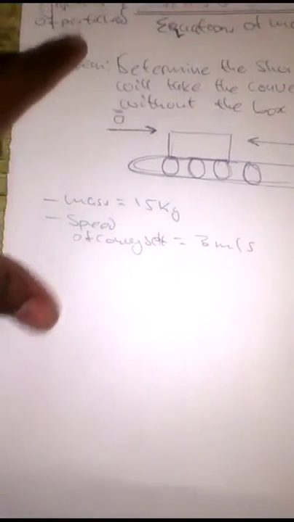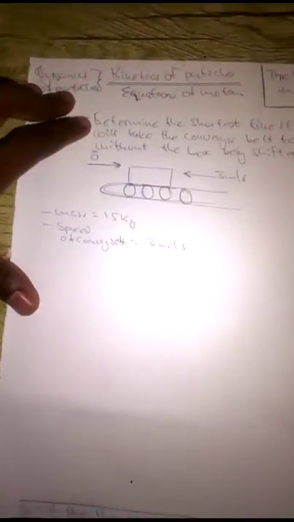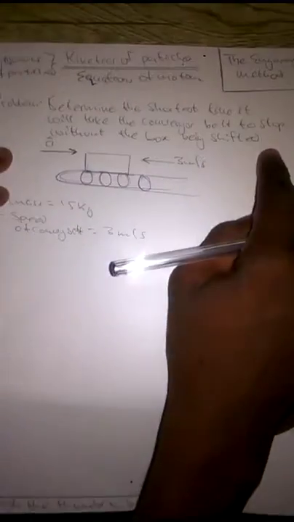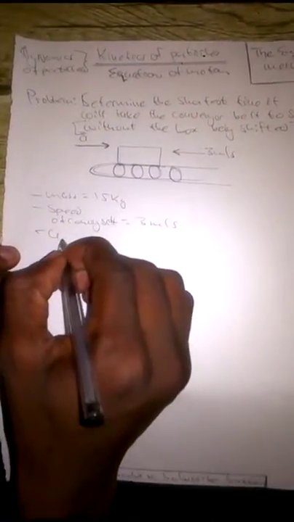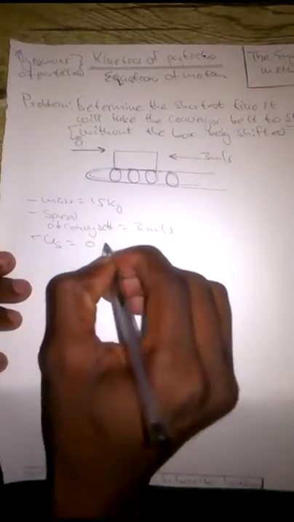We are required to determine the shortest time it will take the conveyor belt to stop without the box being shifted. Let's consider this statement, without the box being shifted. Also we have our coefficient of static friction, mu s, which is 0.5.